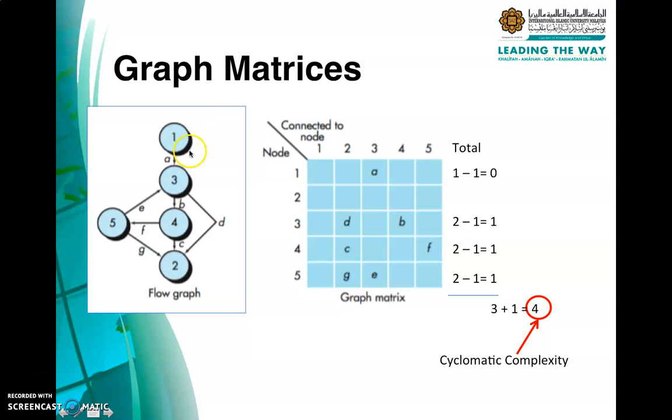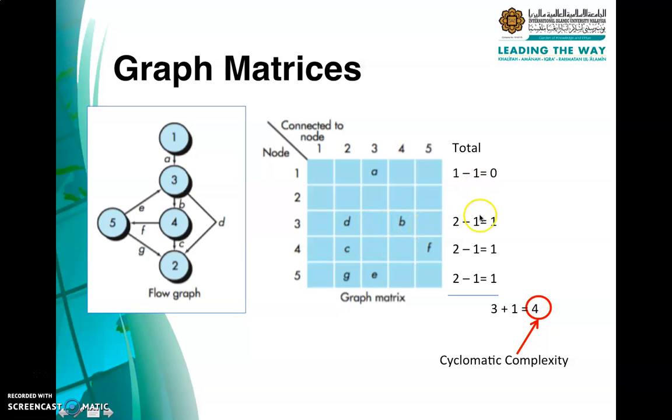Let's say node 1 is connecting to node 3, so there's a connection here, one connection. Then there is no linking from 2, but node 3 is connecting to node 2 as well as node 4. Here you see the arrows, so there are 2 connections.